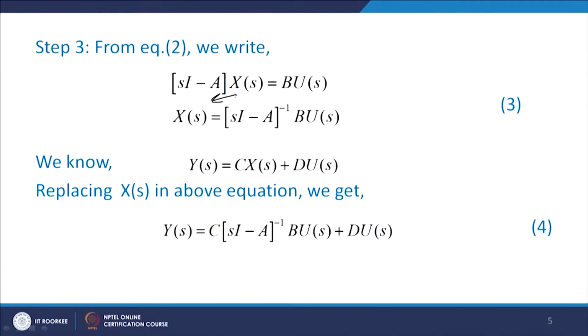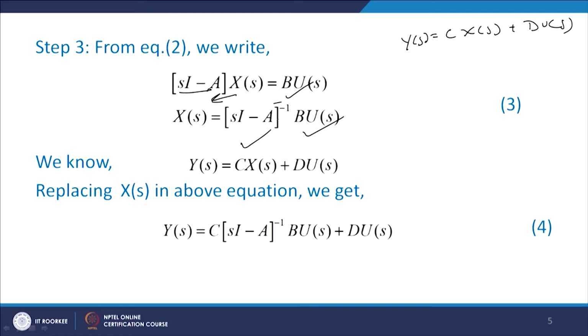Here we take (sI minus A) on one side and BU(s) on the other. We keep X(s) on the left and move (sI minus A) to the right hand side, so it becomes (sI minus A) inverse into B into U(s). So, X(s) equals (sI minus A) inverse B U(s), and Y(s) is C X(s) plus D U(s), as just shown.